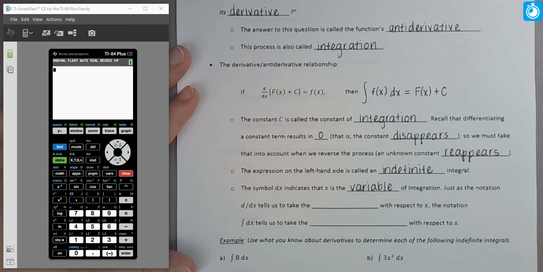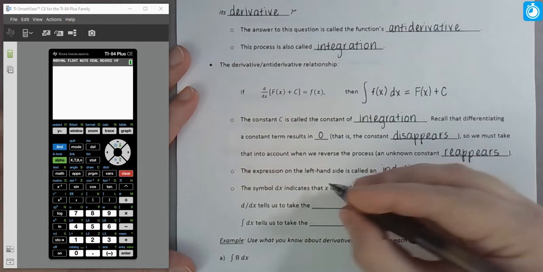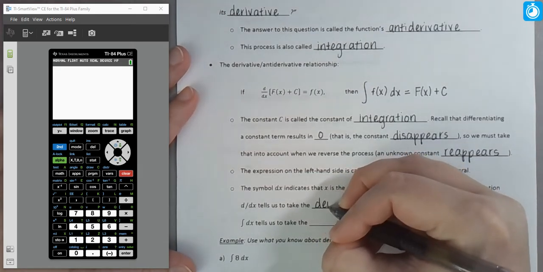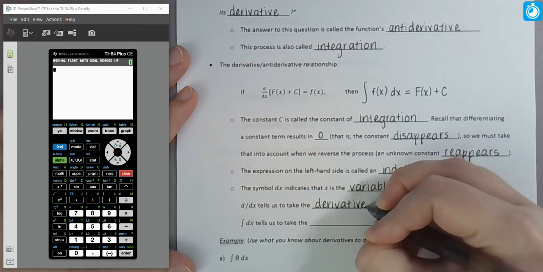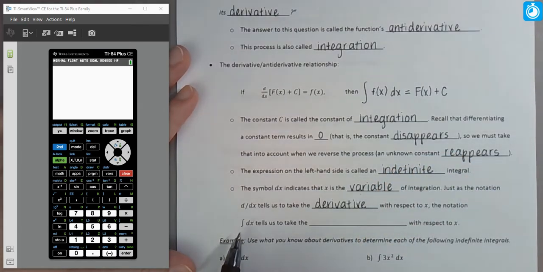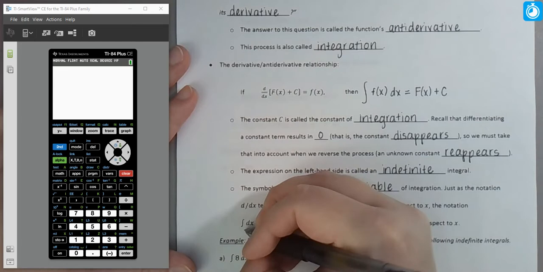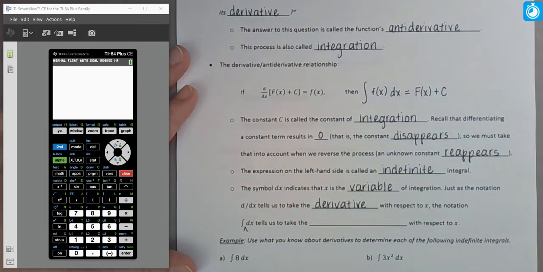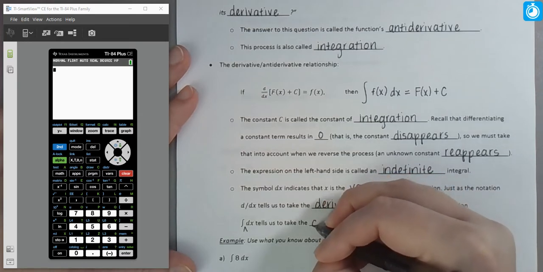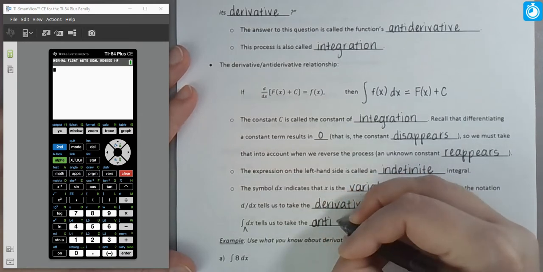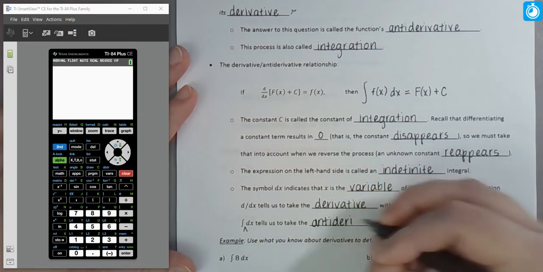So just as the notation dx tells us to take the derivative with respect to x, the notation integral symbol dx, where we sub in our function in between those, tells us to take the antiderivative with respect to x.